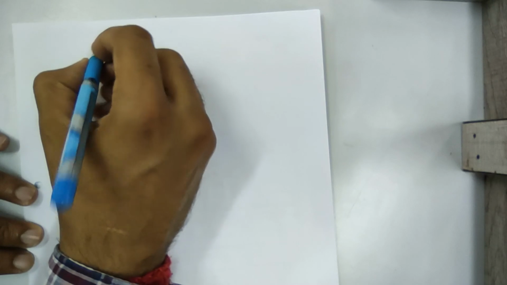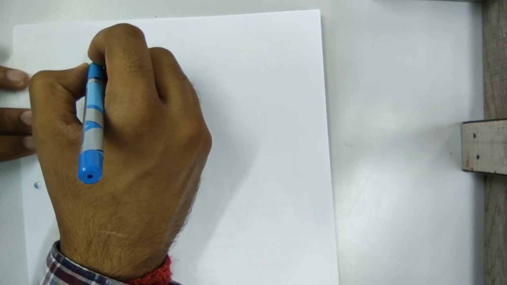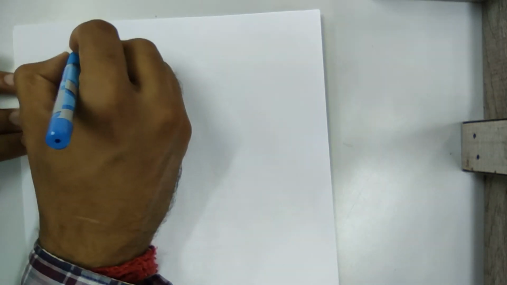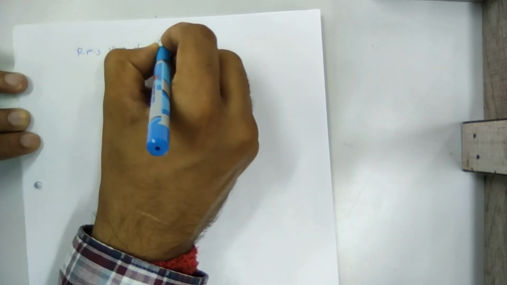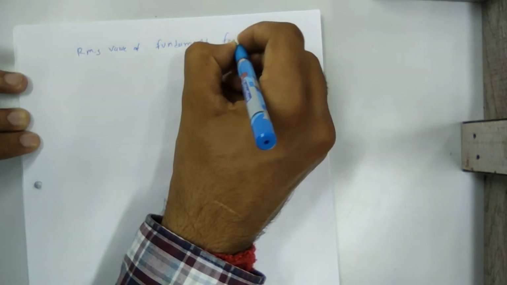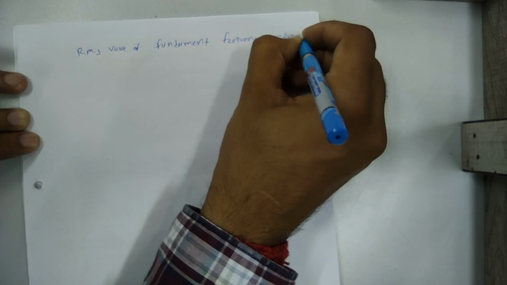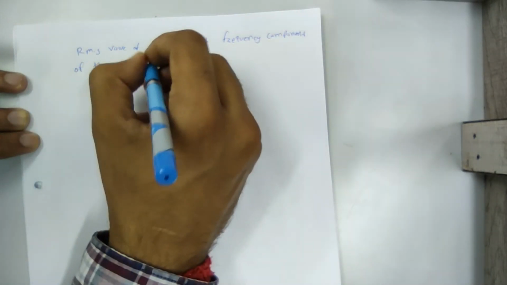In the same way, in one of the last lectures we derived the relationship between the current ID and the current IL1. IL1 is nothing but the RMS value of the fundamental frequency component of the AC current.